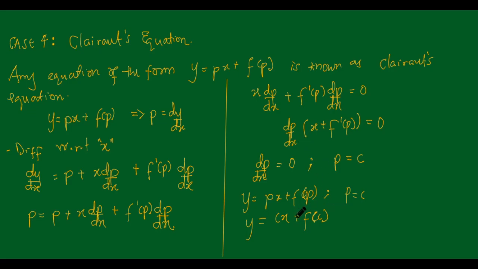And this is going to give us the required solution of the differential equation. So whenever we have functions of the form y = px + a function in p, by substituting p to be an arbitrary constant, we have our solution of the differential equation, and that's what is referred to as Clairaut's equation.